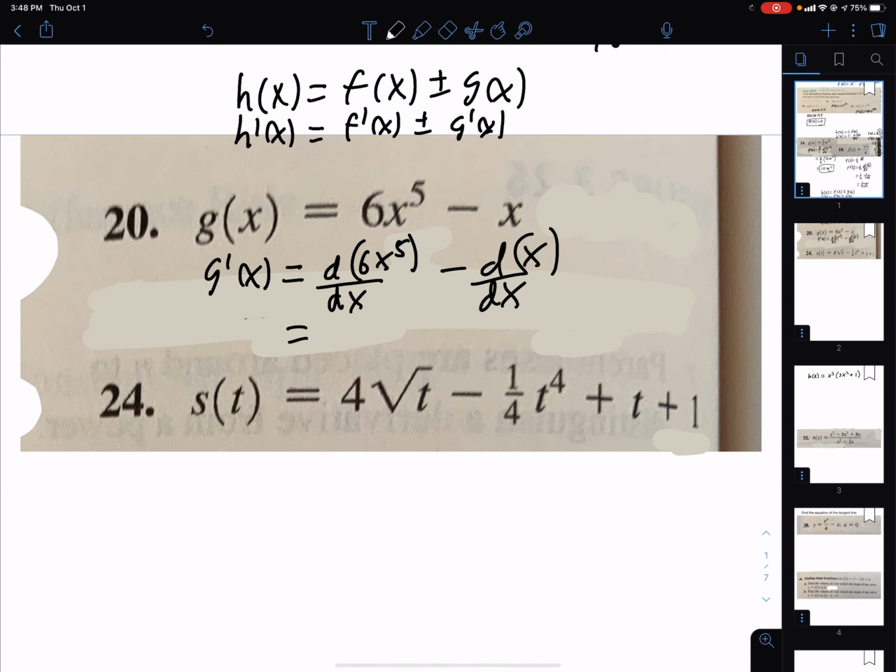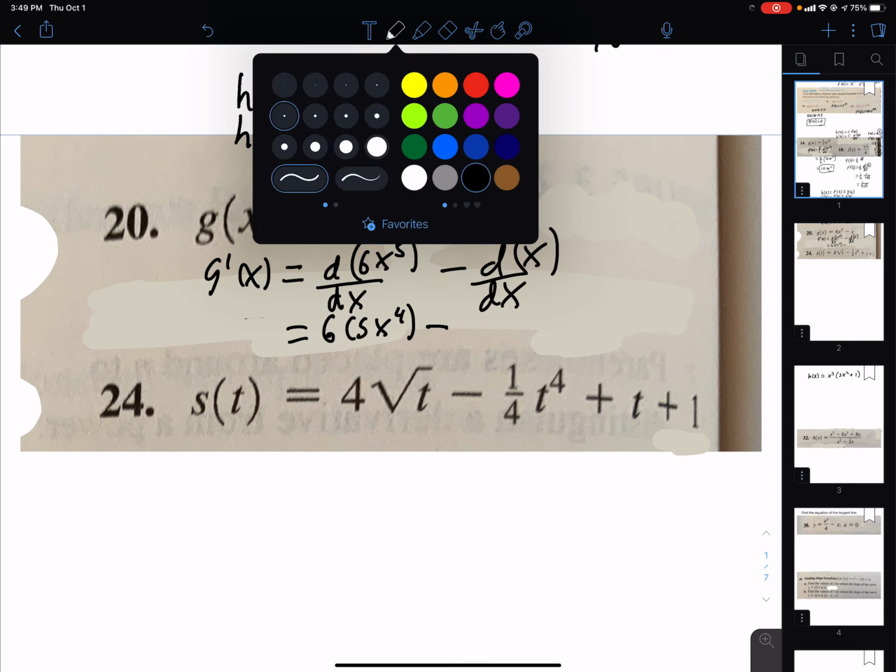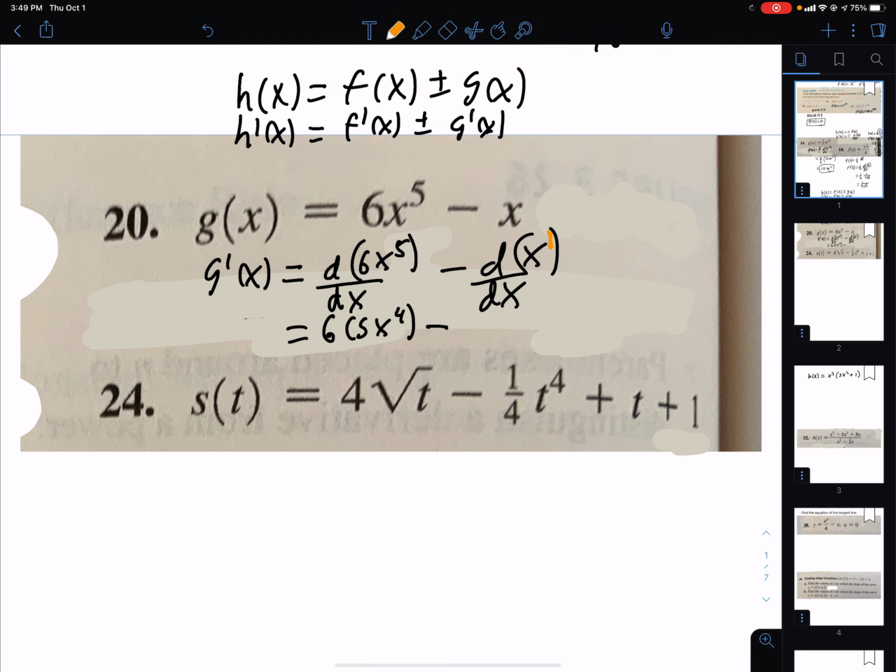Now the final steps here. Technically the 6 would have to come out in front. So you would get 6 and then use the power rule. The 5 comes out in front of the x, and you decrease that 5 by 1, you get 4. And then you don't see it, but there is an exponent right there. It's 1.